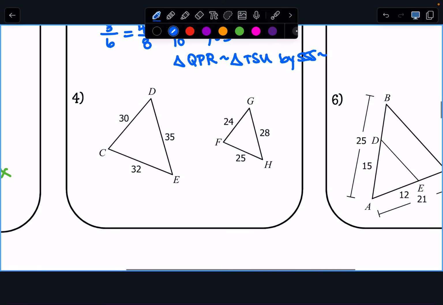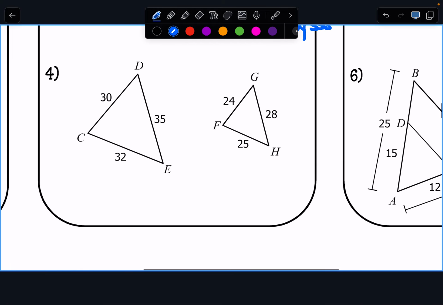So let's look at this example 4 here. If I make my ratios of 30/24 and 35/28 and 32 over 25. You can't simplify 32 over 25. Is he right?